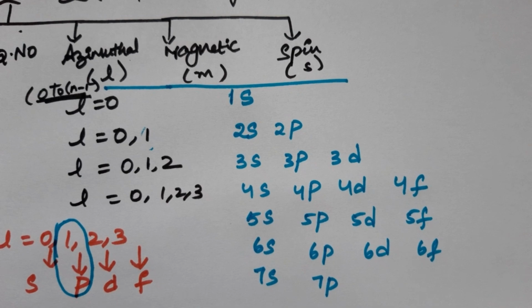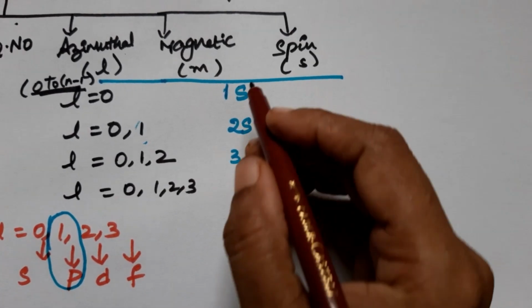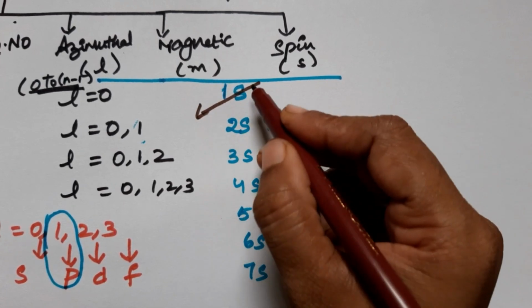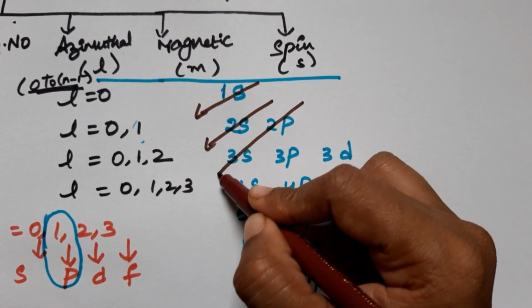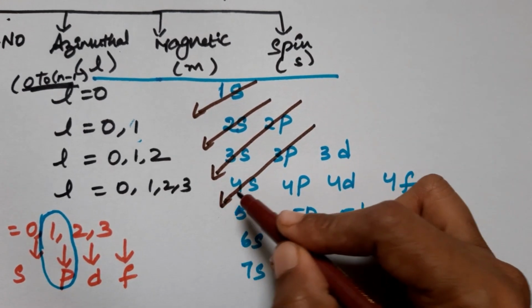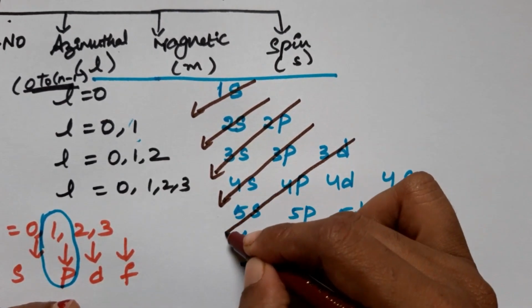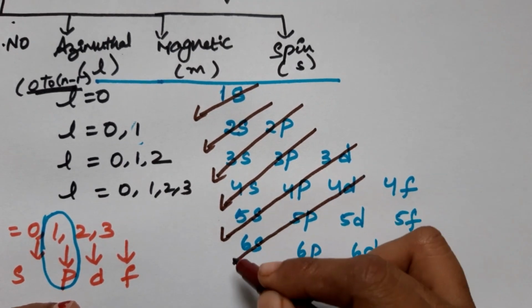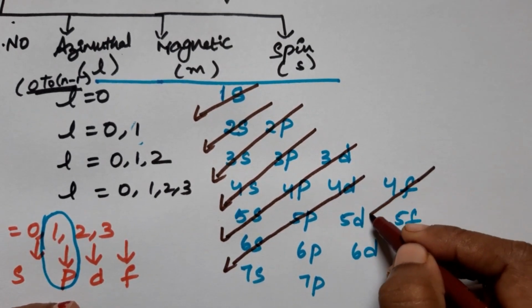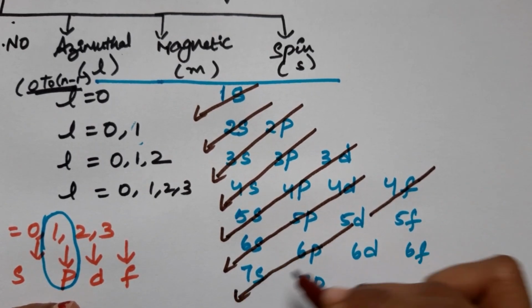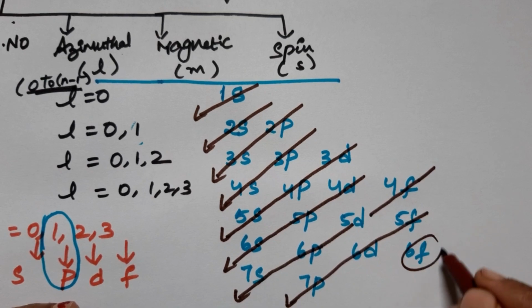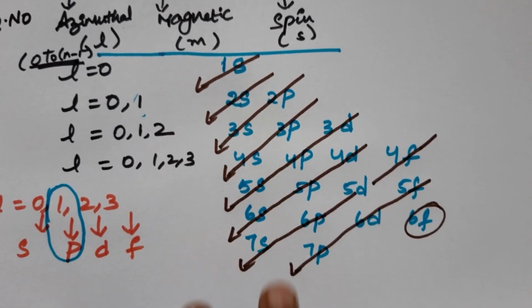According to the Aufbau rule, the first electron enters the orbital having the lowest energy, in the order 1s, 2s, 2p, 3s, 3p, 4s, 3d, 4p, 5s, 4d, 5p, 6s, 4f, 5d, 6p, 7s. If you fill like this, we can explain the Aufbau rule. That means the electron enters the orbital having the lowest energy.